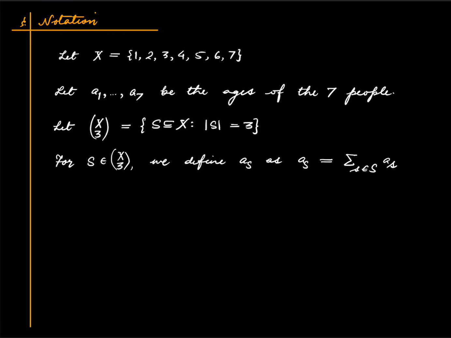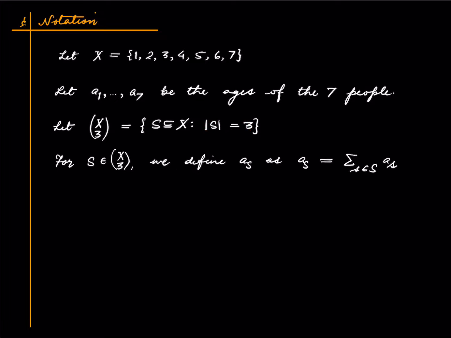All right. And I will use this symbol, which will be read as X choose 3, as the set of all those subsets of X which have size 3. So note that this is not a number. This is a collection of subsets of X, not just some arbitrary collection, but only of those subsets of X which have size 3.